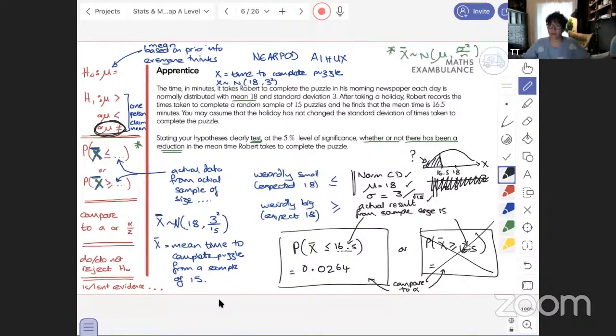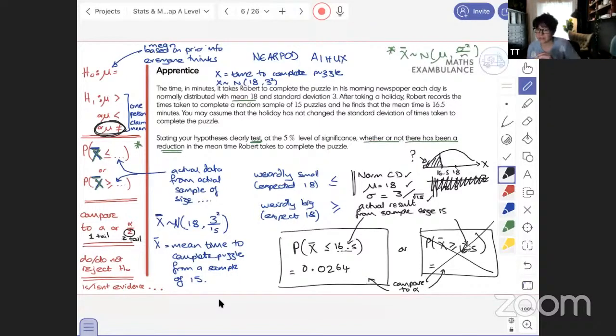That means I've gone in either direction. Whereas if I say I think it's bigger or I think it's smaller, then that's the one tail. If it's one tail, you compare with your significance level. If it's two tail, you remember because there's a 2 there, you divide it by 2.